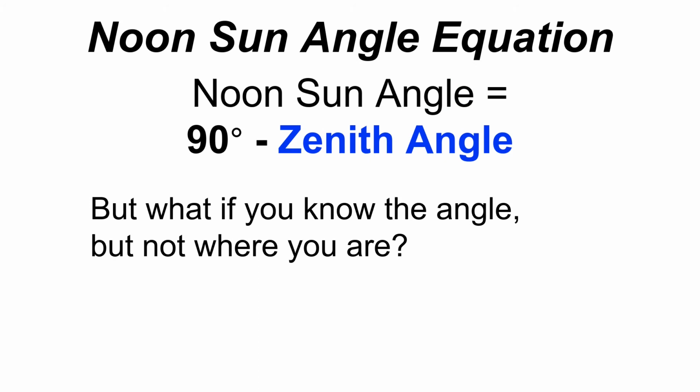All right, when I started this, I said there's 3 elements. There's the noon sun angle, there's your latitude, and then there's the latitude of the subsolar point. If you know 2 of those, you can solve for the 3rd. So what if you know the noon sun angle? And what if you know where the subsolar point is? And I don't know how you've done this, but you don't know where you are.